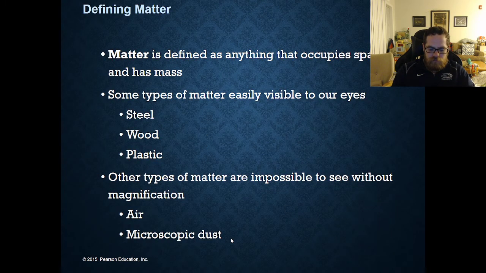So, a recap on stuff from our first chapter. Matter is defined as anything that occupies space and has mass. Stuff like steel, wood, plastic, that's stuff we can easily see. Other things that are still matter, but are not stuff that we can see, are stuff like air, microscopic dust, microscopic organisms.